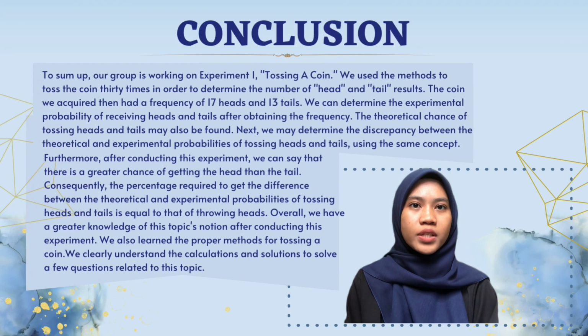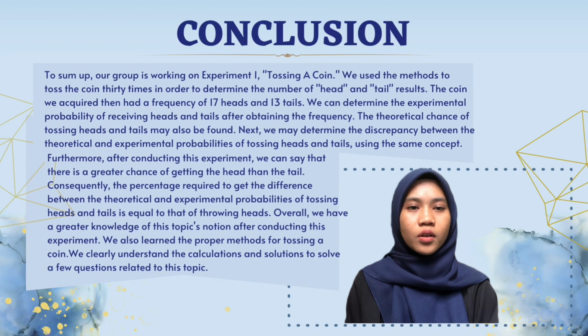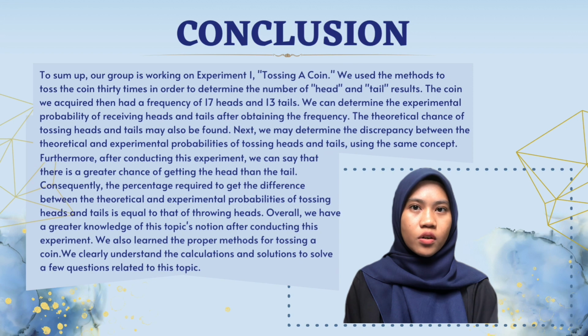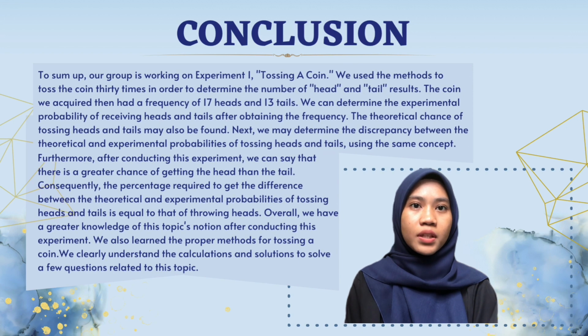To sum up, our group is working on experiment 1, tossing a coin. We use the method to toss the coin 30 times in order to determine the number of head and tail results. The coin had a frequency of 17 heads and 13 tails. We can determine the experimental probability of receiving heads and tails after obtaining the frequency. The theoretical chance of tossing heads and tails may also be found.